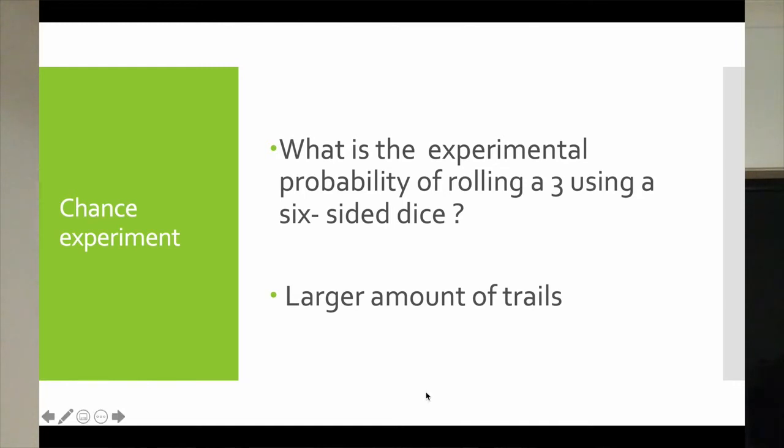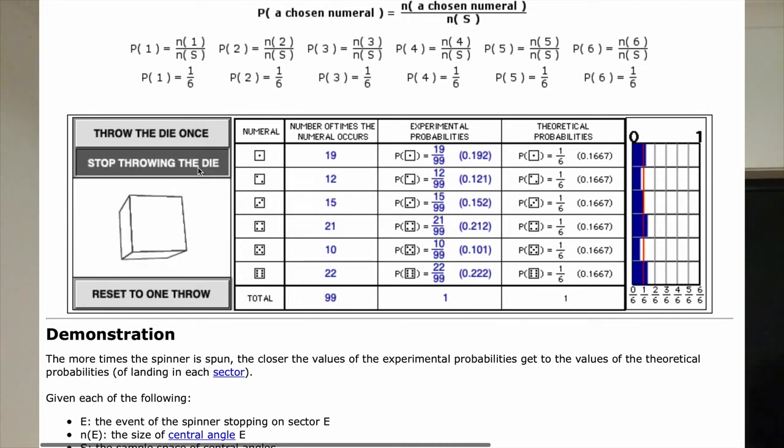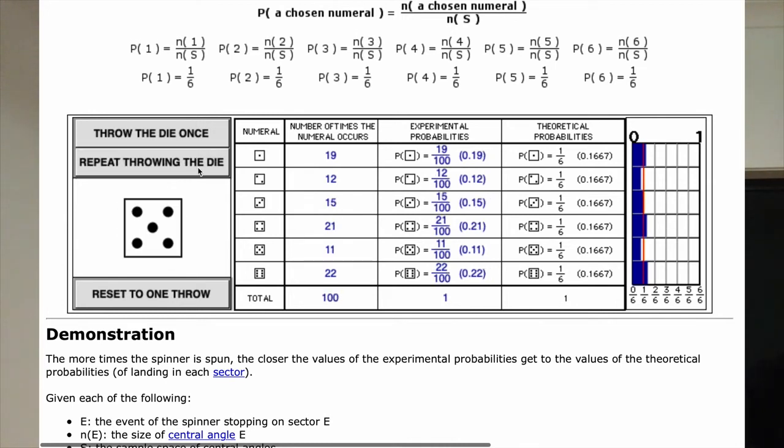Now, let's go back to our simulation. It's going to keep on rolling the dice, and we're moving closer to 100 rolls. That is a large amount of trials. Of those 100 trials, we landed on a 3 15 times. So we have the experimental probability of 15 out of 100, or 0.15.